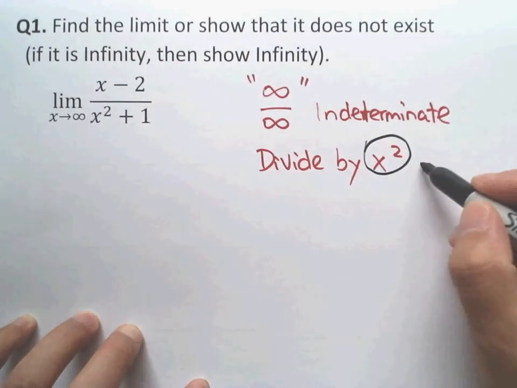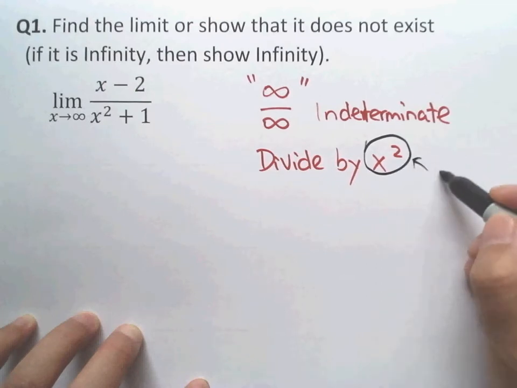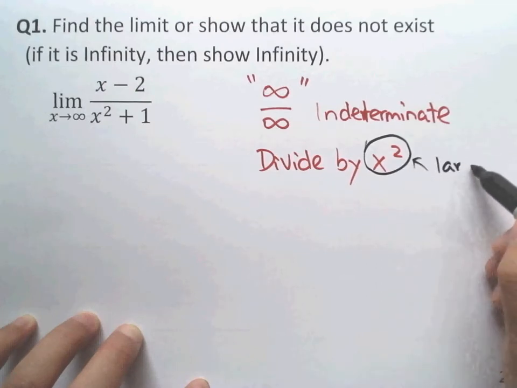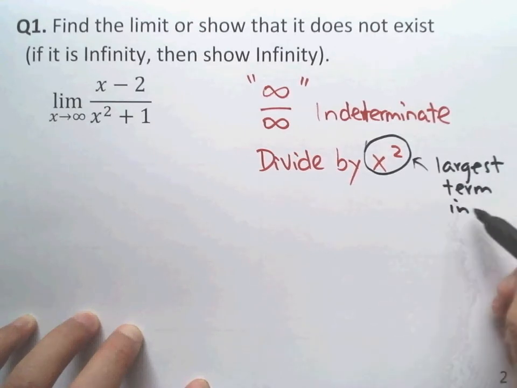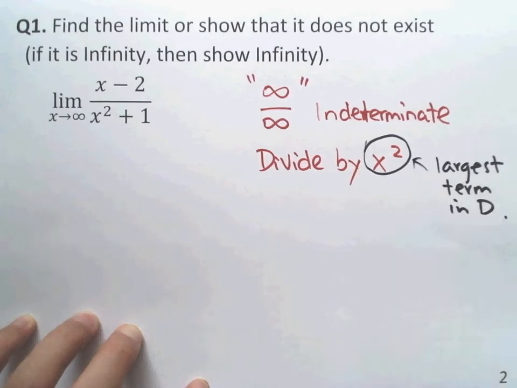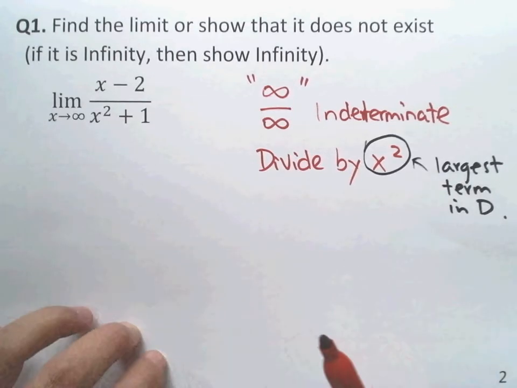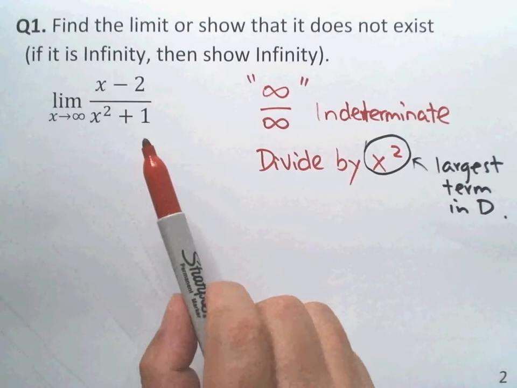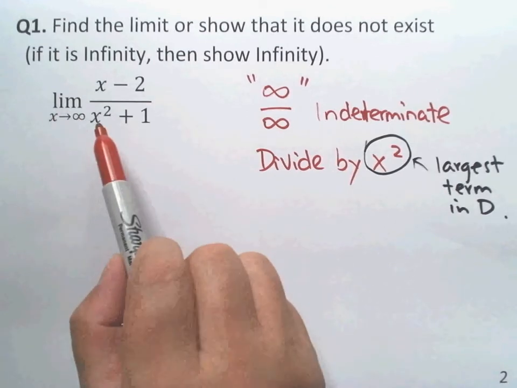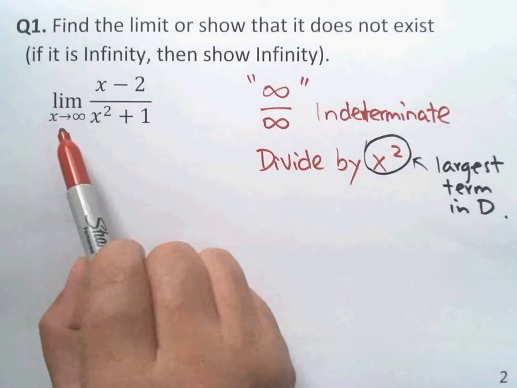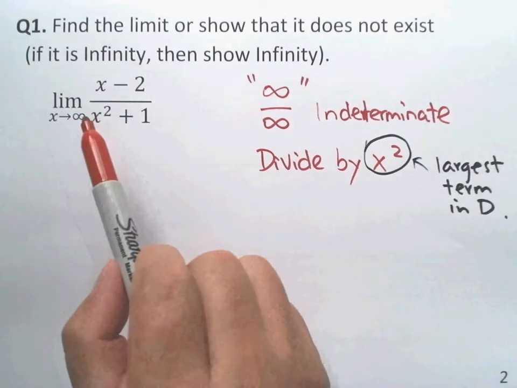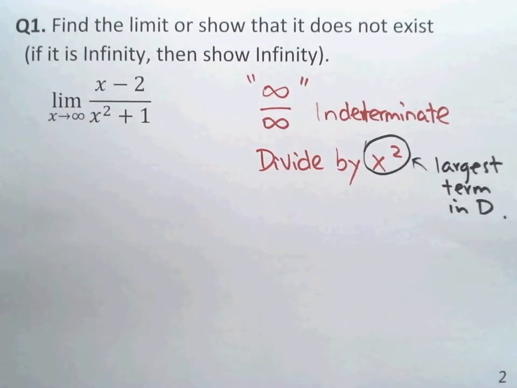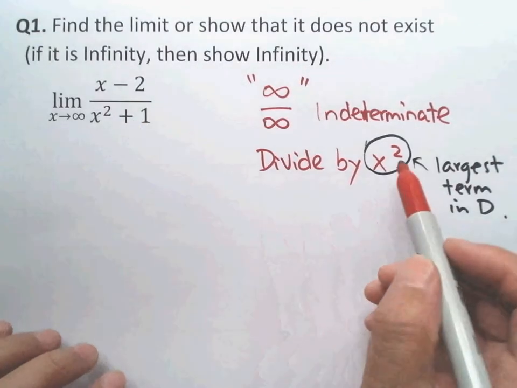Keep in mind always, this is the largest term in the denominator. We always do this. Find the largest term in the denominator, then divide the numerator and the denominator by the largest term in the denominator. And in this example, divide by x squared.